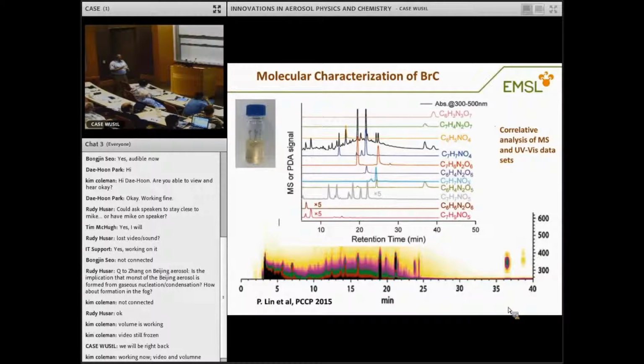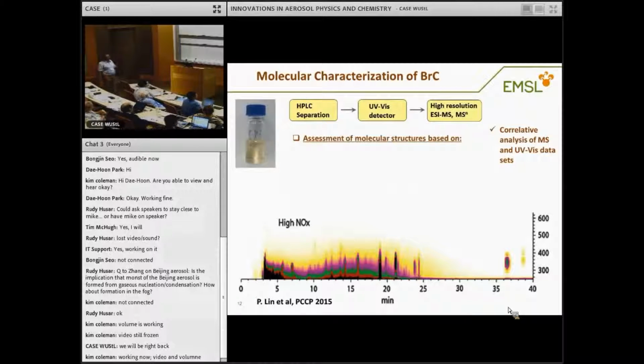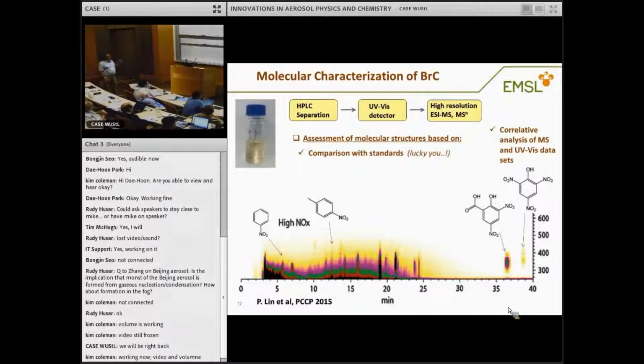But the assessment of molecular structures from this elemental formula is quite a challenging task. The first thing, if there are some standards, they can be compared, and then by comparison a specific molecular structure can be reasonably determined.